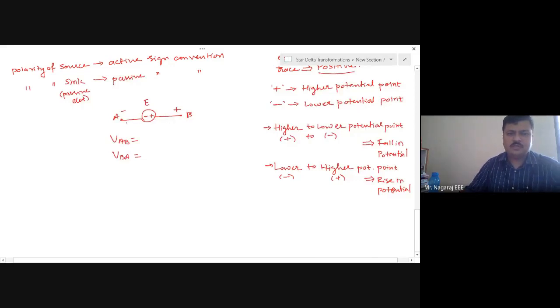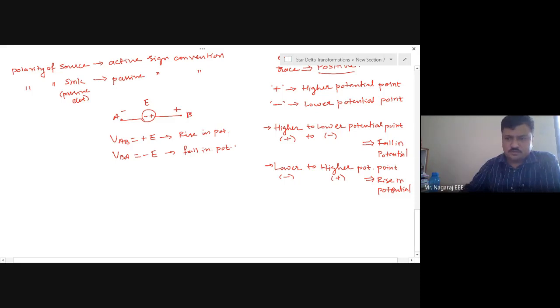From A to B, it is lower potential to higher potential point. Hence it is a rise in potential. It is plus E. Now VBA, from higher potential to lower potential point, it is minus E because it is a fall in potential.